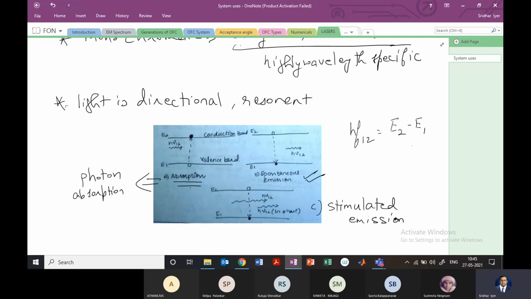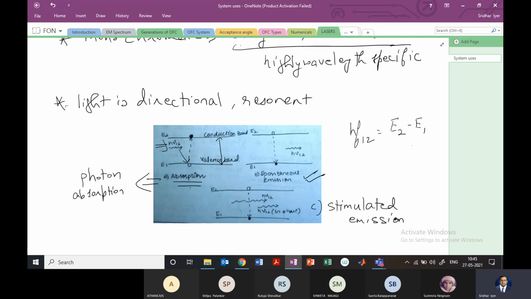Now when a photon of energy hf12 strikes the system, you can see here this photon hf12 is striking the system. Then the electron which is there in E1 is going to absorb this energy, and obviously it's going to move up. If this energy is enough to take care of the band gap, this distance here, then it's going to absorb it, and it's going to move to state E2, which is the conduction band.